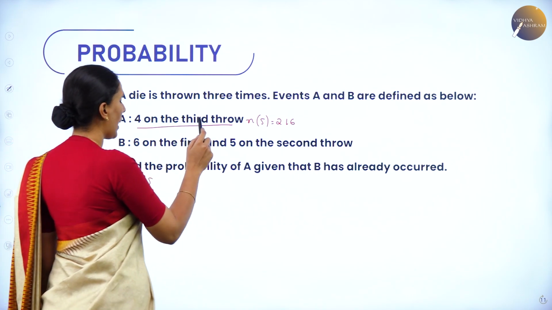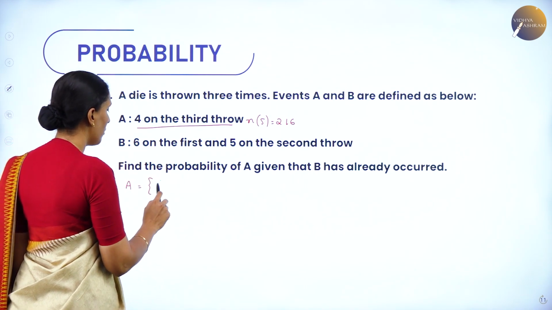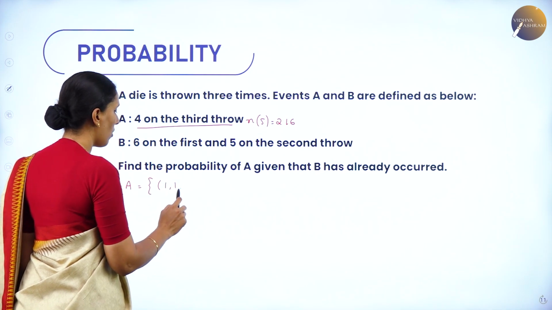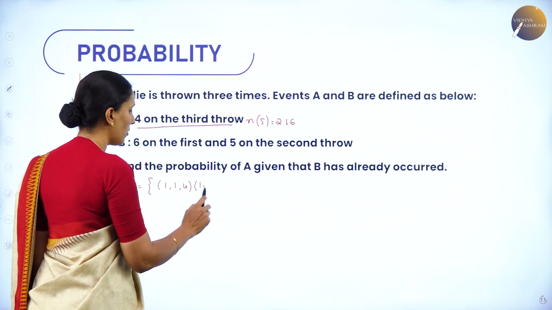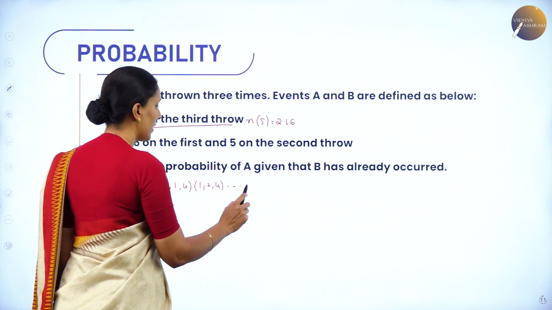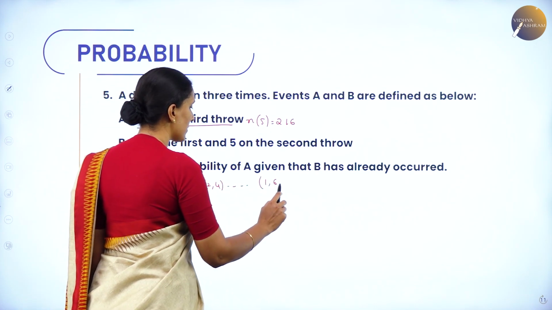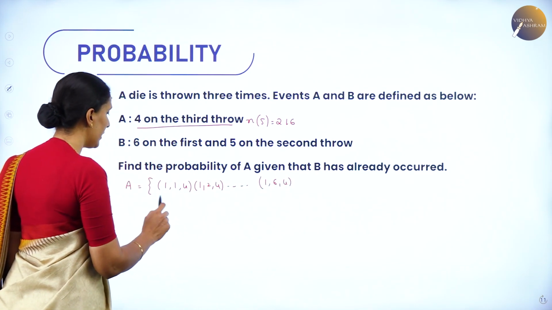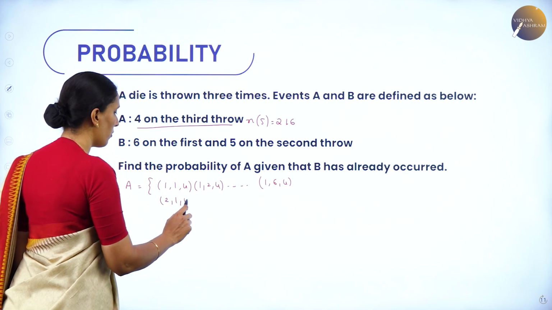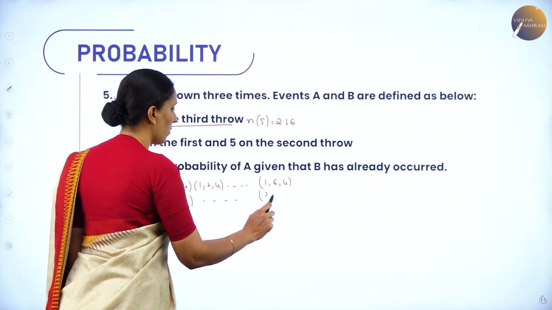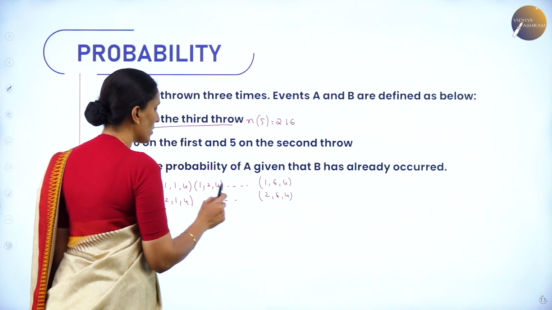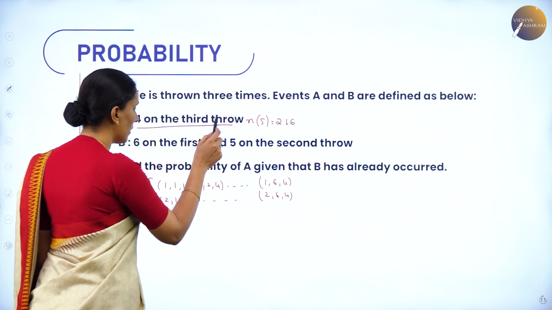So now we need to calculate A. So A, for instance, may be 1, 1, 4; 1, 2, 4; until 1, 6, 4. Similarly, it can be 2, 1, 4 to 2, 6, 4, because I need 4 on the third throw.